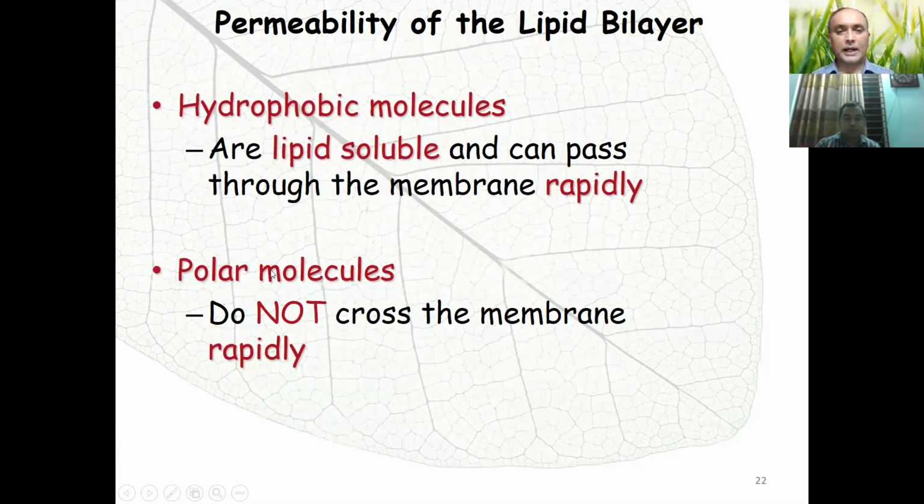You know that hydrophobic molecules are lipid soluble and can pass through the membrane rapidly, because the membrane is composed of lipid, and hydrophobic molecules, which dislike water, can easily dissolve in the lipid membrane and pass through rapidly. Polar molecules do not cross the membrane rapidly. Due to their hydrophilicity, they require a channel.